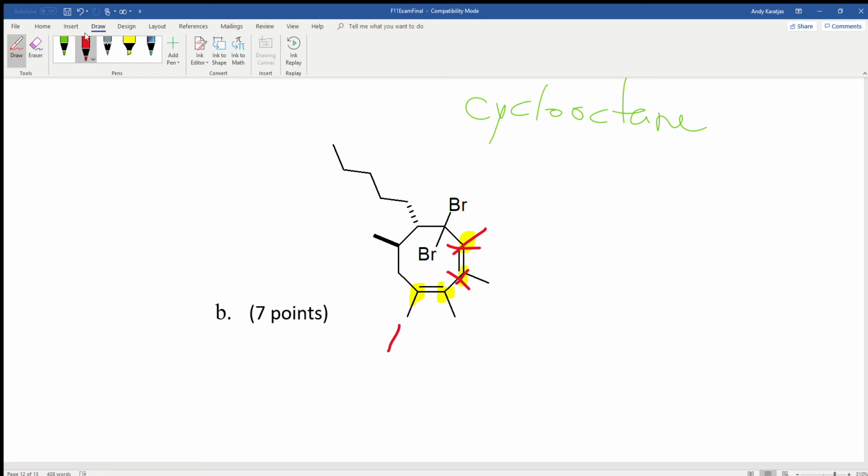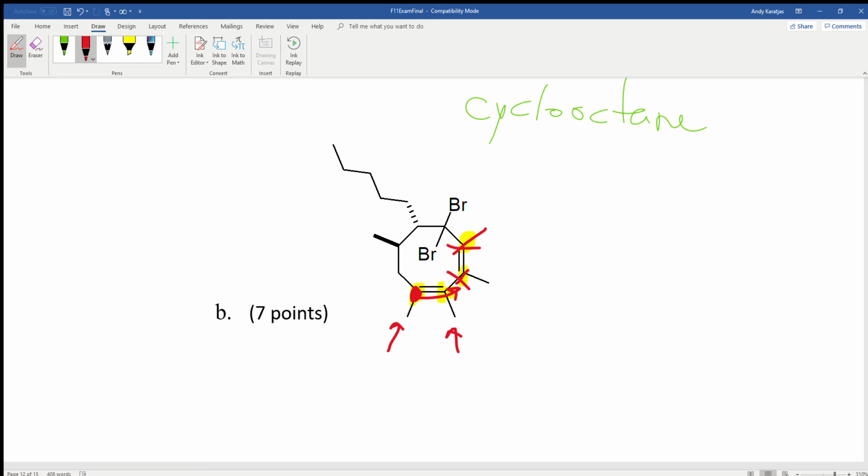Choosing either of these last 2 carbons would give us substituents on 1 and 2. But if we choose this carbon here, as we go this way, we also have a substituent on 3.